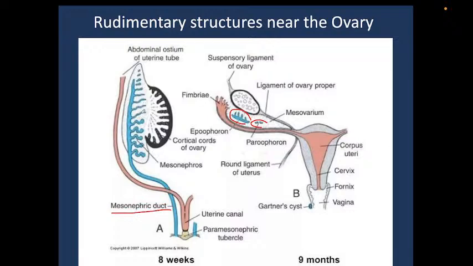Usually this source of organ produces the male reproductive organ, but it's also present in the female body in the form of the oophoron and paraoophoron. I hope you understand that it is a rudimentary organ.